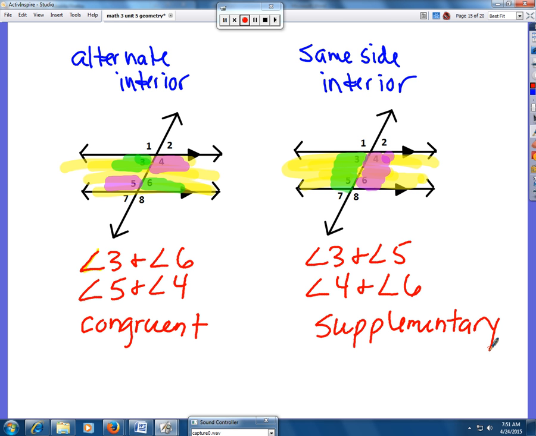Okay, you're going to do a graphic organizer next to organize all this into one place. I just wanted to look at it together before we put it into our graphic organizer. So that's how you would solve problems with same side interior: take their sum equal to 180. Congruent would be alternate interior, and you set those equal.